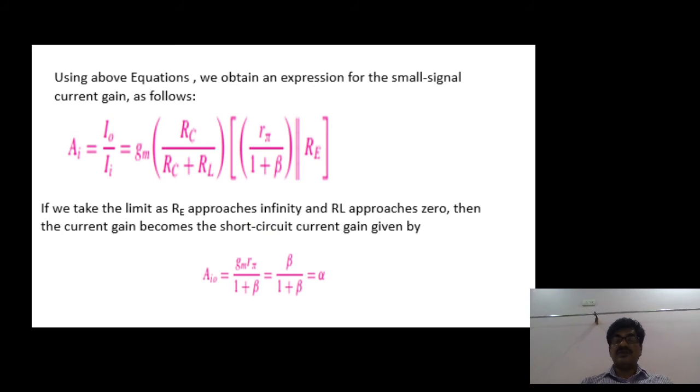In CB configuration, you know, the current gain, or current amplification factor, is alpha. So AI equal to Gm R pi divided by 1 plus beta, but the product of Gm and R pi is equal to beta, right? So beta divided by 1 plus beta, that is equal to alpha, right?